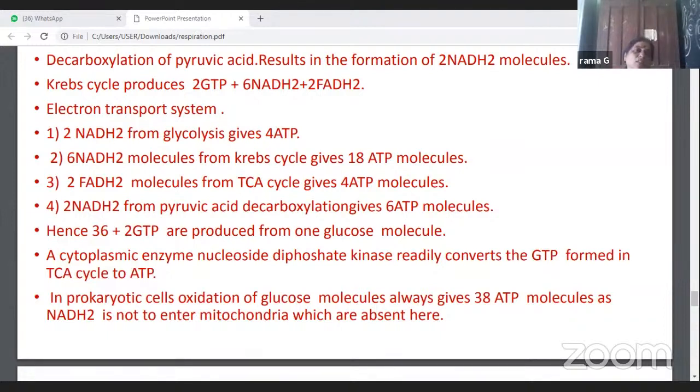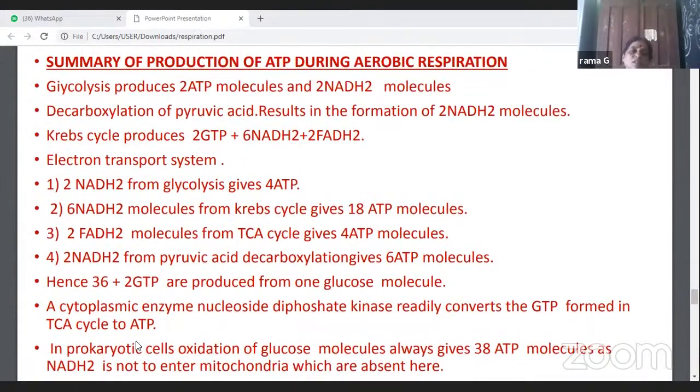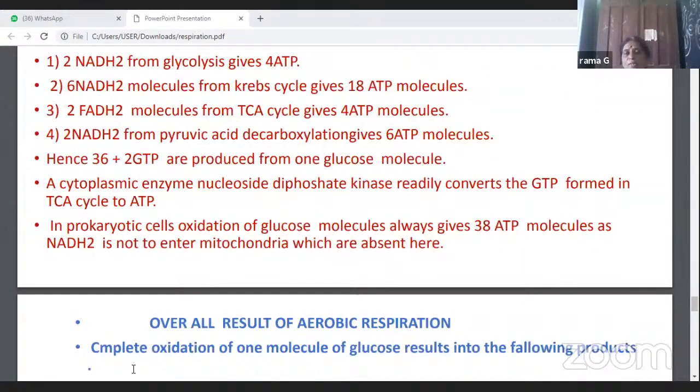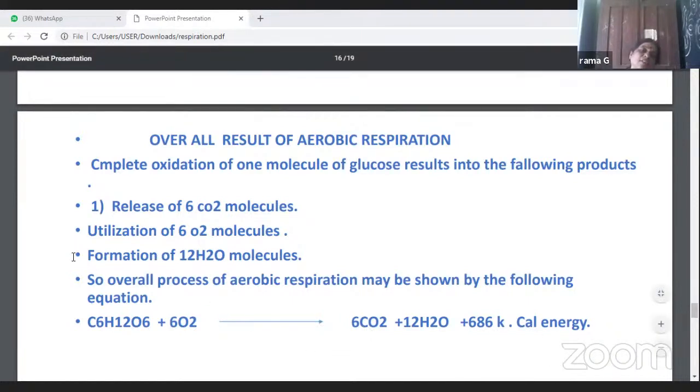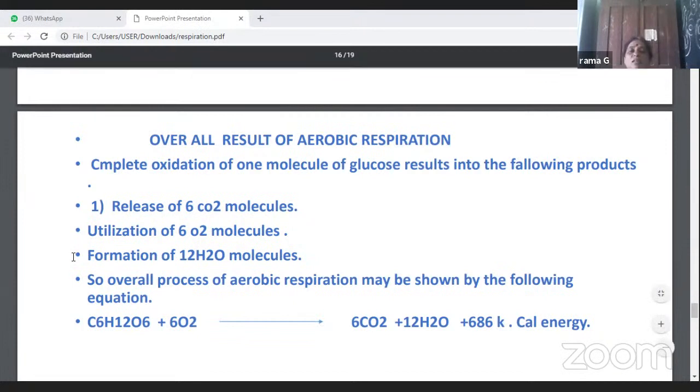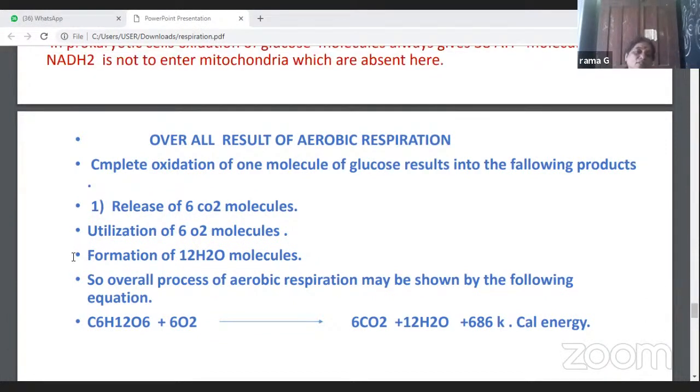Okay. Then next is the overall result of aerobic respiration. As per the equation, C6H12O6 reacting with oxygen results in the formation of carbon dioxide and H2O and 686 kilocalories of energy. And if we balance the equation, then we get the molecules which are released and which are utilized.